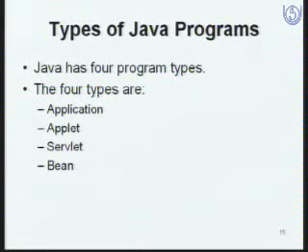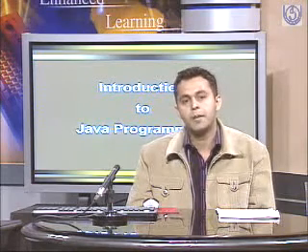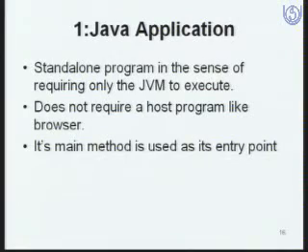Next, let us see what the types of Java programs are. There are 4 types of Java program. The first is the application, second is the applet, third is the servlet, and fourth is Java Beans. Now let us see these types in detail. Java applications are stand-alone programs in the sense of requiring only the JVM to execute.